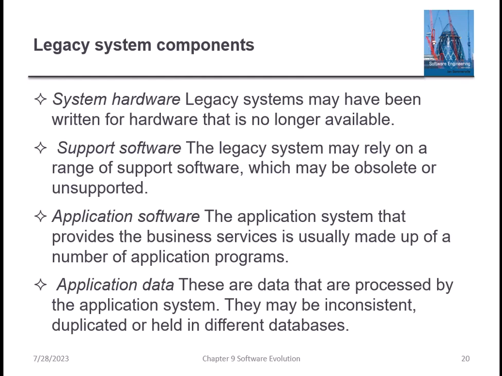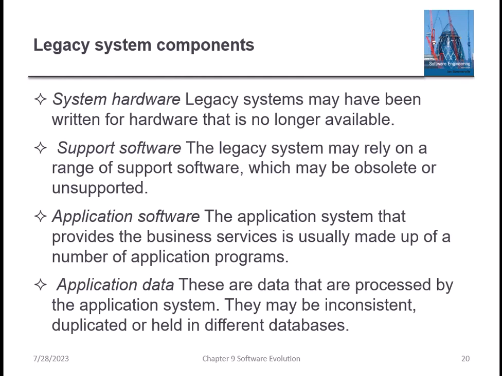Support software: maybe there is a problem with the hardware changing over time, or we can say that legacy systems are those that are not supported by the latest system hardware. Modern operating systems sometimes do not support legacy software. So the legacy system may rely on a range of support software which may be obsolete or unsupported now.